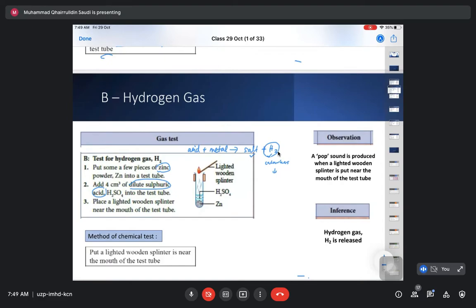We will place a lighted wooden splinter near the mouth of the test tube. So this is our method. How to test for the presence of hydrogen gas? You put a lighted wooden splinter near the mouth of the test tube. What will your observation be? The observation is a pop sound is produced. Okay, the second mark. Pop sound is produced.